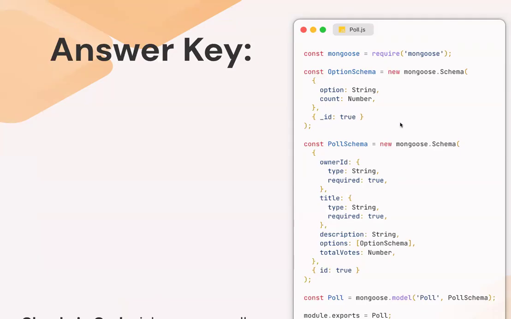And then you were writing the poll schema, which has the owner ID, the title, the description, options, and total votes. And then at the end, you define the object poll and make it into a model using the poll schema, which is the structure of your data. And at the bottom, you have to remember to export the poll to actually use it.